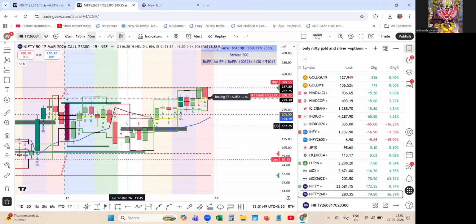But here itself, you get to know that something is cooking over here, because the price came below the S1, entered into the next box. The box entered into the box, and S1 is supporting the candle.